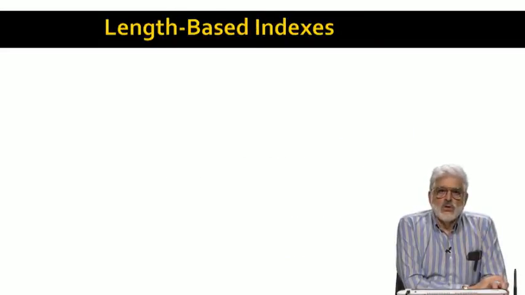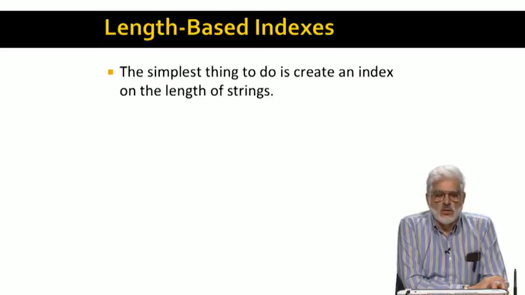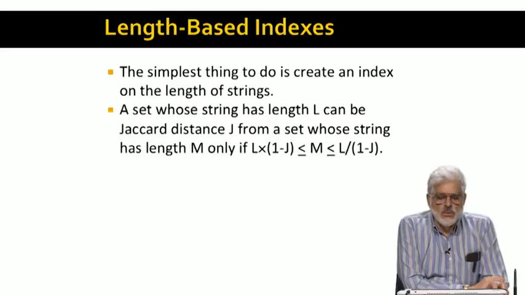We're going to go through a series of progressively more complicated forms of indexes to put on the strings that represent the sets. Our first and simplest approach is to index by length of the string only. That corresponds to indexing sets by their size. There's an important relationship between Jaccard distance and lengths of the strings that represent sets.